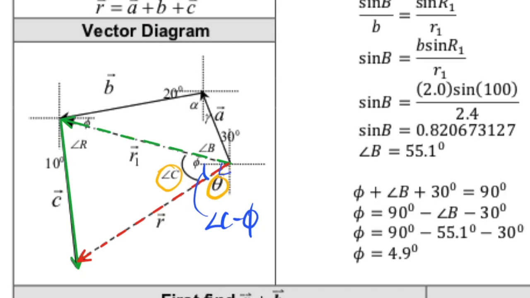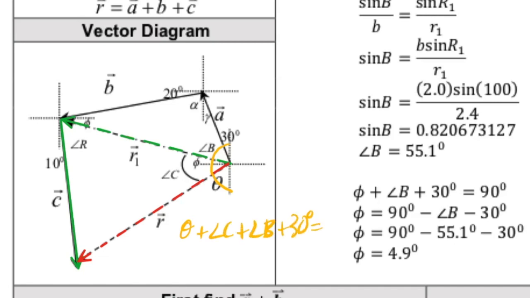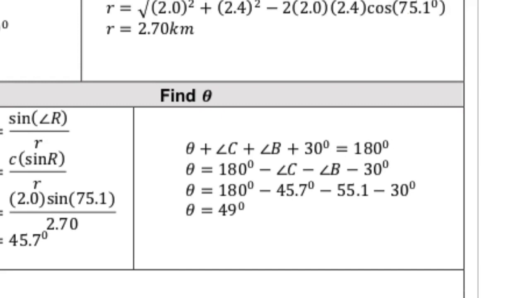So we take 90 degrees minus all of that, and that'll give us our theta. Or we could recognize that all of this adds up to 180. So theta plus angle C plus angle B plus 30 degrees is equal to 180 degrees. And that's what I did there. So we found theta to be 49 degrees to a significant amount of rounding error.